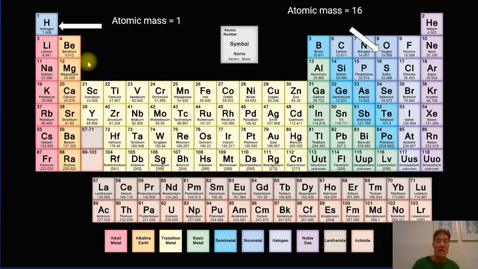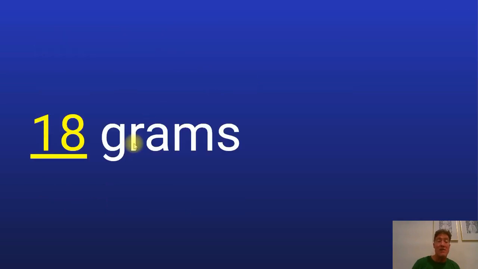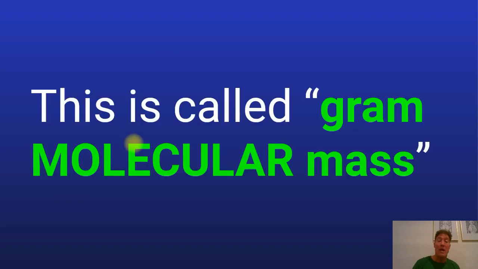So again, we take the atomic mass, right? We convert it to grams. That's what a mole does. And then we just add them together. 16 grams for the oxygen mole, and 2 grams for 2 moles of hydrogen. That gives us 18 grams. So a mole of water would weigh 18 grams.